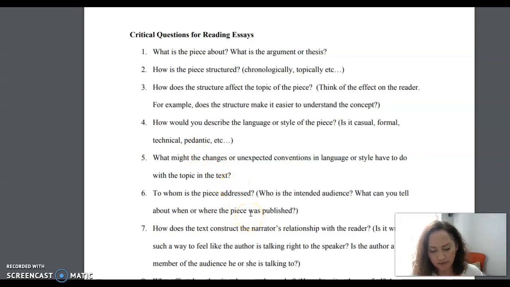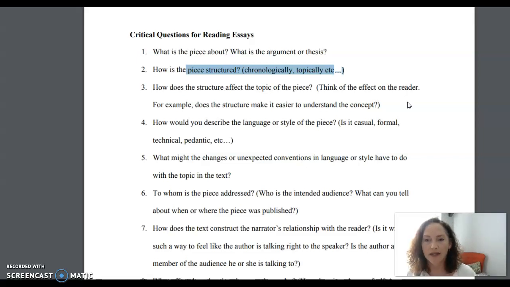Okay, and then the other thing that I wanted to make sure that I addressed was the structure of pieces. You know, if we are talking about something that's chronologically or topically, notice the little dot, dot, dot, etc. there. So that means that there are other ways you can structure a piece. And some of you hit the nail on the head.